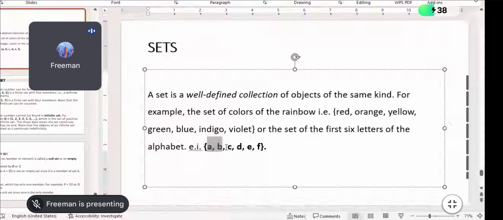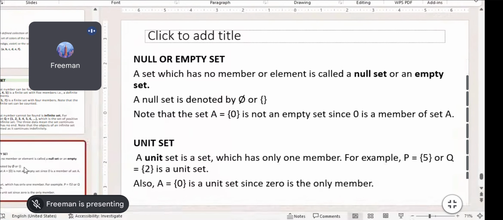The A, B, C, D, E, F you see here are the elements of the set. So the members of a set are what we refer to as the elements. A set that does not have an element is called a null set or an empty set.